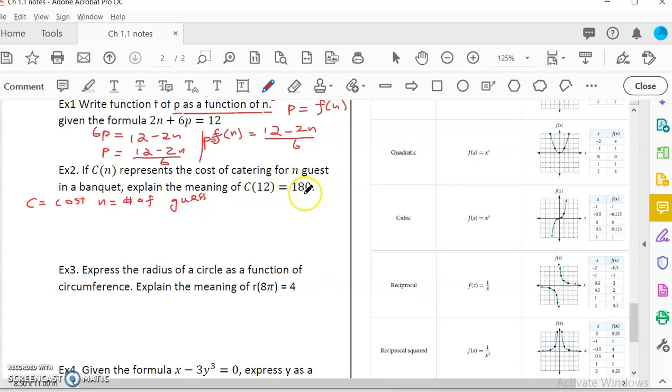That means this is the cost and this is the guests, right? So the meaning is the cost of catering 12 guests is $180.